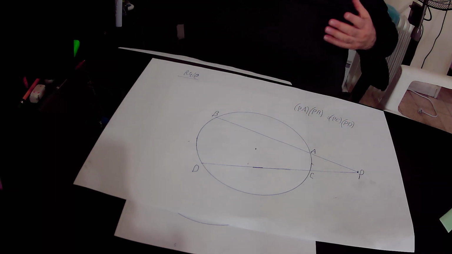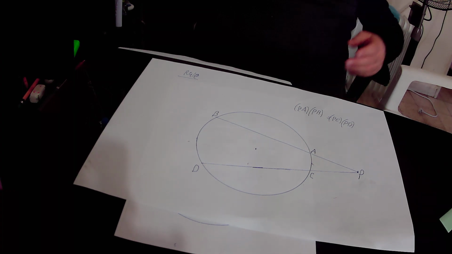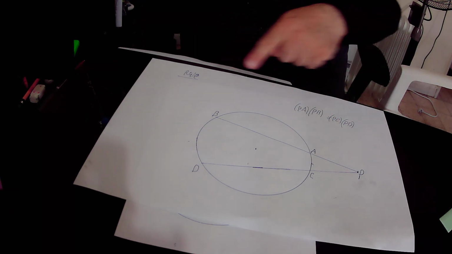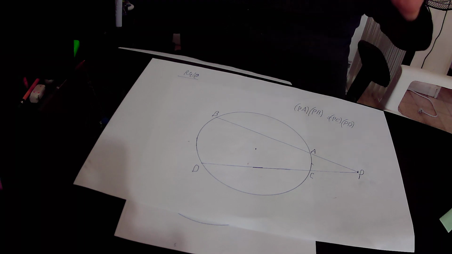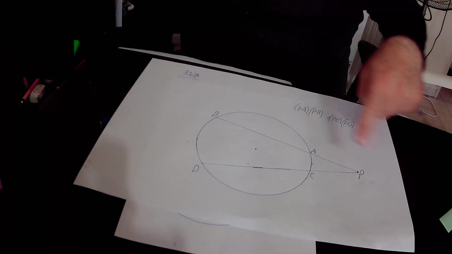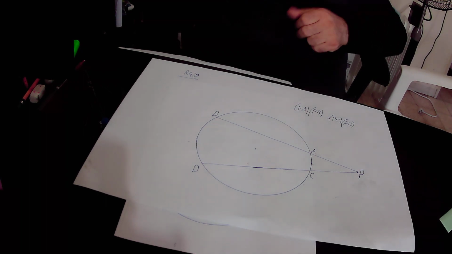Then the following relationship exists between the parts of those two chords. According to this rule, PA times PB equals PC times PD. Again, PA times PB equals PC times PD. So we can implement this new rule in our drawing.